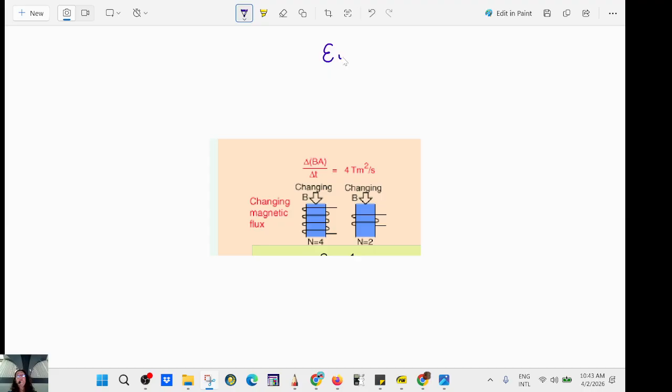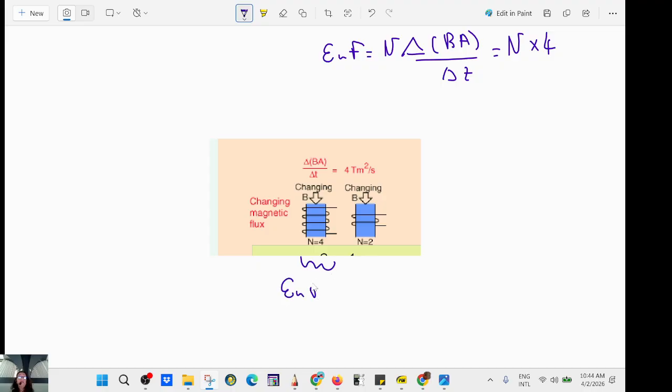So the EMF is going to be the number of loops, the change of B times A over delta T. So it's going to be the number of loops times 4. So if you have 4 loops, the EMF induced will be what? 4 times 4 is 16 volt.